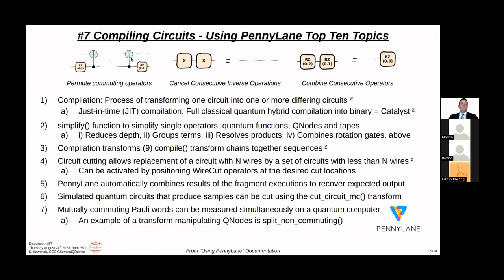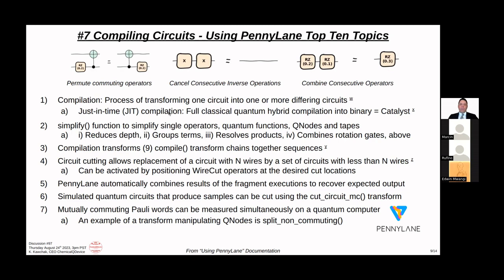It's basically moving the CNOT gate in front, or to the left on a time sequence, of RZ. And then the two X's cancel each other. It's a bit flip, so it cancels into 0, similar to an identity. Now, the last one is combining consecutive operators, meaning the parameters of the RZ go 0.1 plus 0.2 goes to 0.3 in that one.